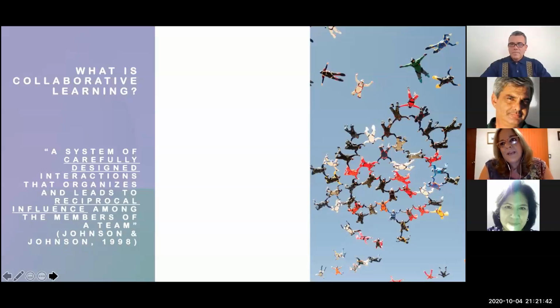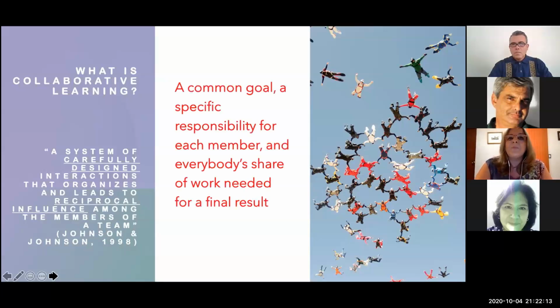If I have to explain collaborative learning in my own words, I would say that collaborative learning is not really having, for example, 4 students working together, and perhaps having one student do most of the task and the others doing little or nothing. The teacher has to carefully design the activity so that it can lead to a common goal.